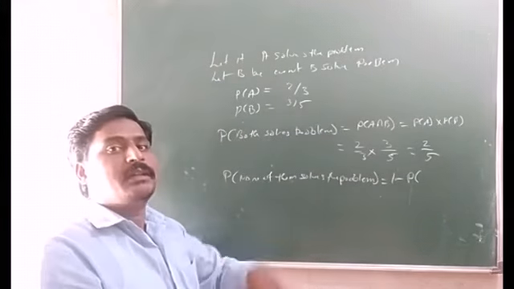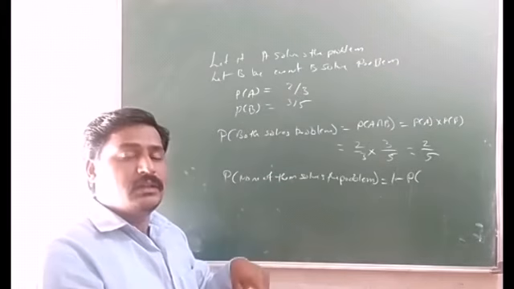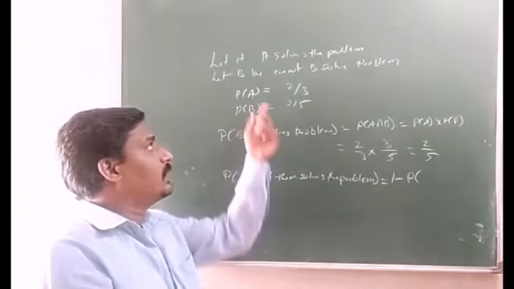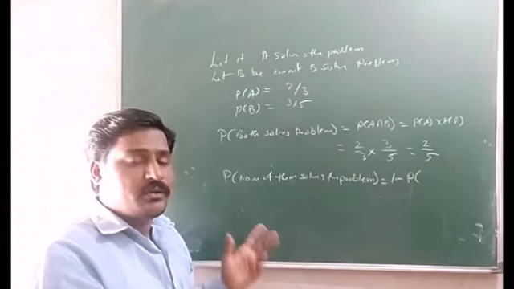We have to take the complementary of that. That A will not solve the problem, probability of complementary of A, that is A dash, and probability of B will not solve the problem, that is complementary of B, B dash.